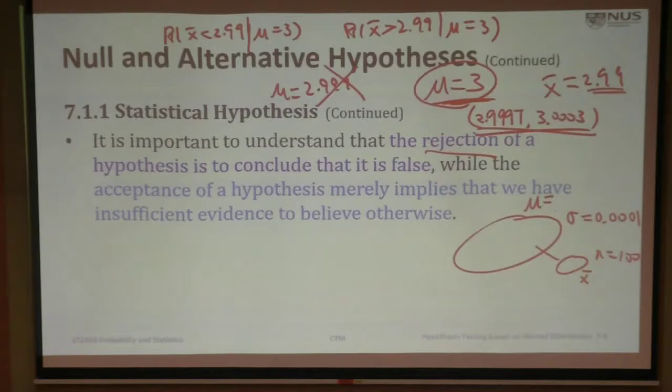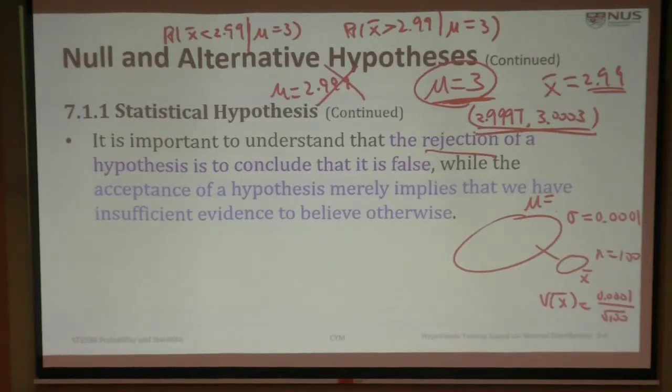In fact, for this probability, you have to standardize it. And remember, the standard error of X bar is 0.0001 divided by the square root of 100. It's even smaller. So if mu is really equal to 3, you expect X bar should also have a mean equal to 3, and it deviates from this center only by 0.00001.